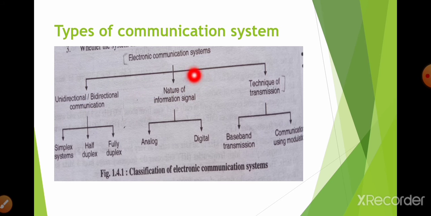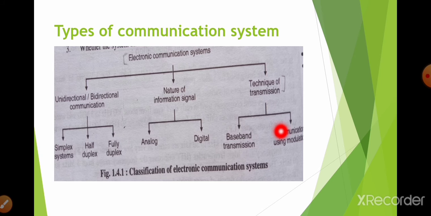The second one is according to the nature of signal, and the third one is according to the transmission technique. So, according to the direction, the communication system can be divided into simplex system, half duplex system and full duplex system. According to the nature, analog system and digital system, whereas according to the transmission, baseband and broadband.